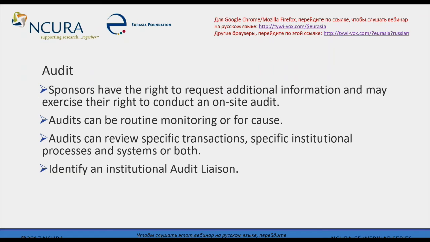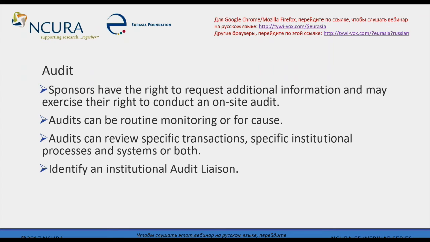Audits can also be reviews of specific transactions. They may ask for documentation for certain categories of expenses, say salaries or equipment or travel. They can be on specific institutional processes. For example, our institution was once audited on how it managed its property.